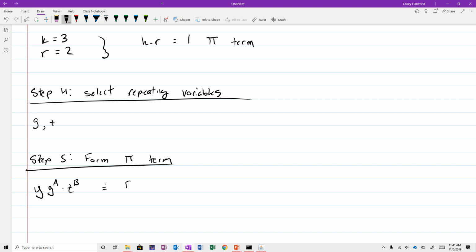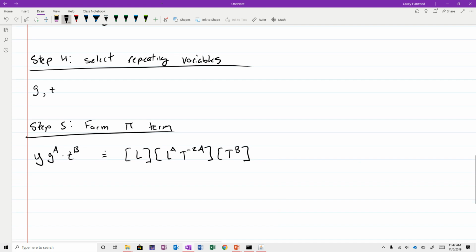This should have dimensions of length to the 1 plus a, and time to the negative 2a plus b. We want this to be length to the 0 times time to the 0.